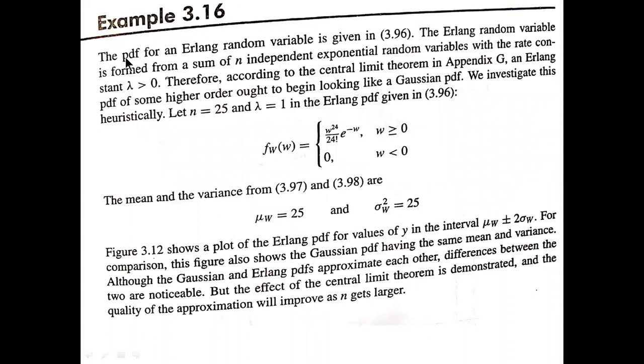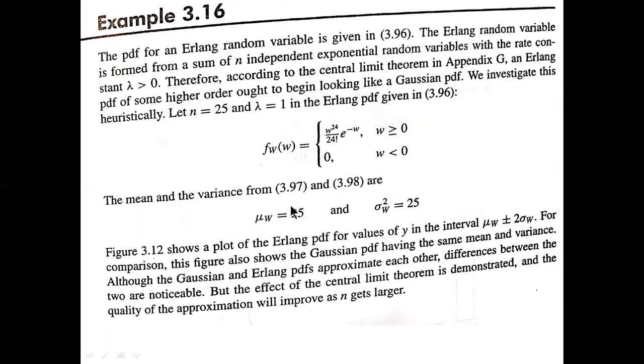So let us consider again the case of the Erlang PDF for n equal to 25 and λ equal to 1. At that time λ to the power 25 will be 1 to the power 25, that is equal to 1 itself. w to the power n minus 1 is w to the power 24, e to the power of minus λw is again 1 for w greater than or equal to 0, and 0 for w less than 0.